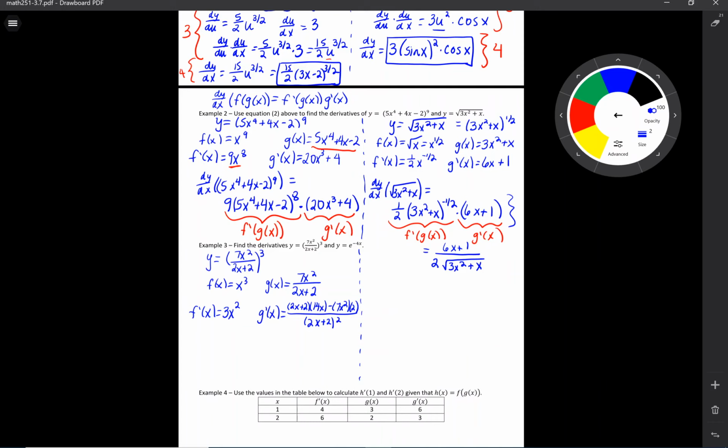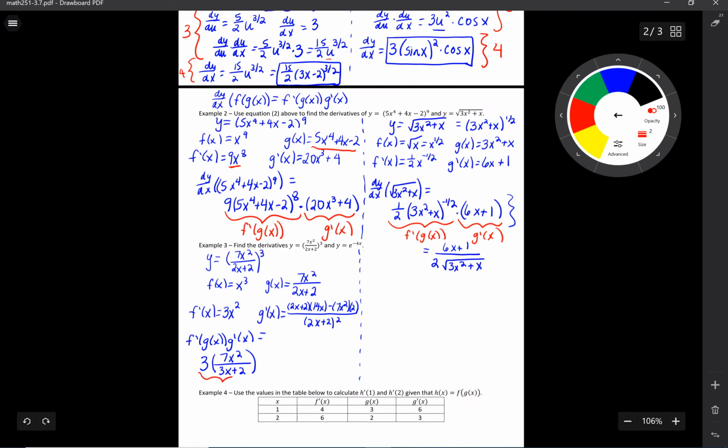So then f prime of g of x times g prime of x is equal to, well, f prime was 3x squared. I replaced that x with g of x, which is 7x squared over 2x plus 2.